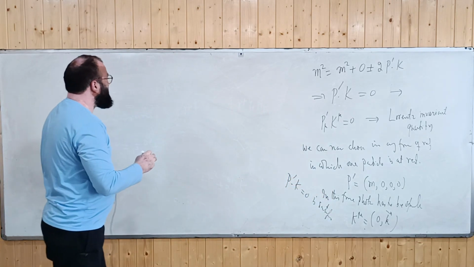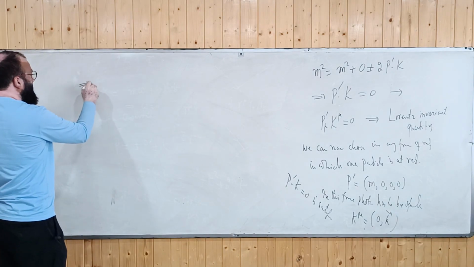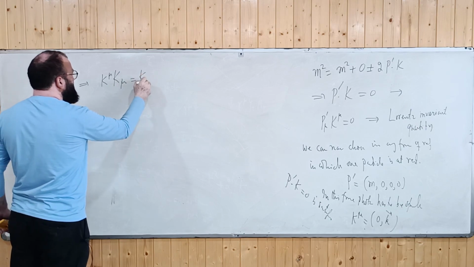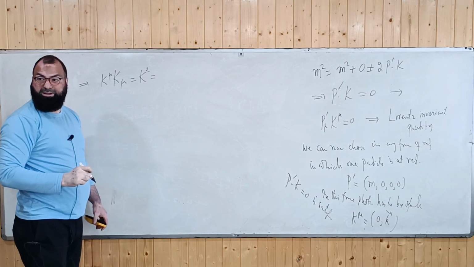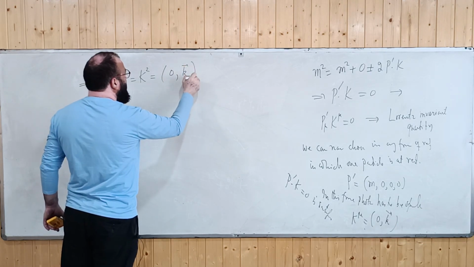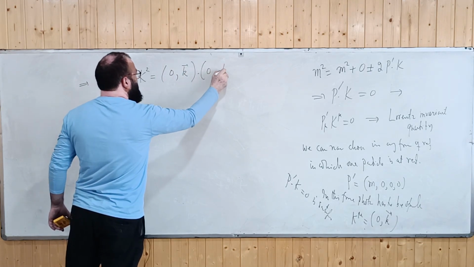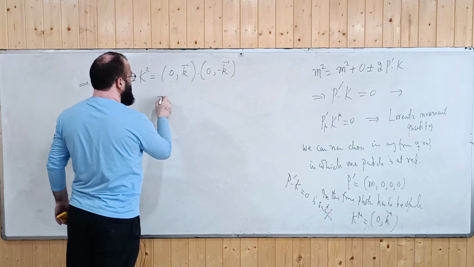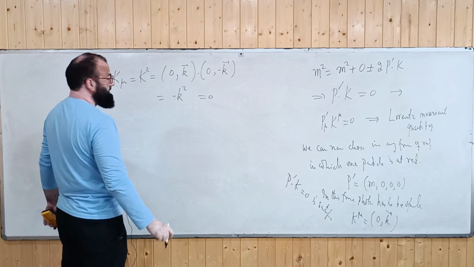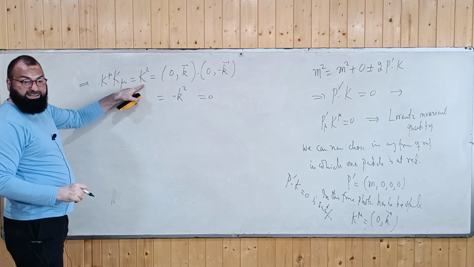Okay. So now let's look at this k mu. I will take k mu squared, so that's k square. So let's see what that will give me. It is (0, k) dotted with (0, k), which equals minus k square. What is that equal to? 0. By definition, k square is equal to 0 for the photon.